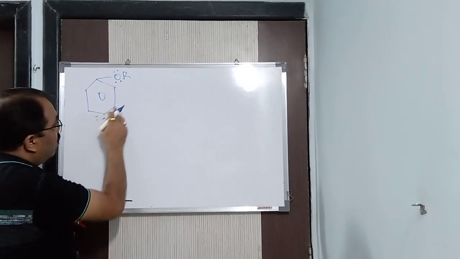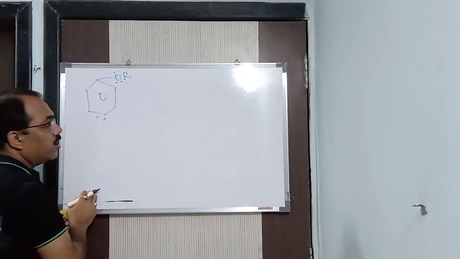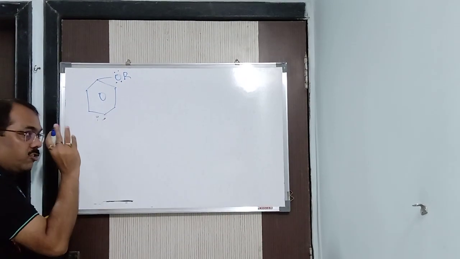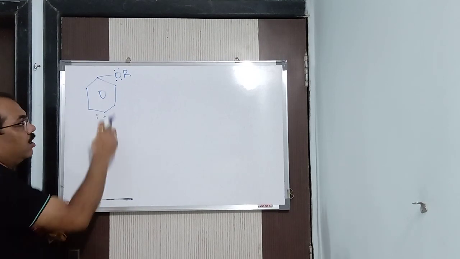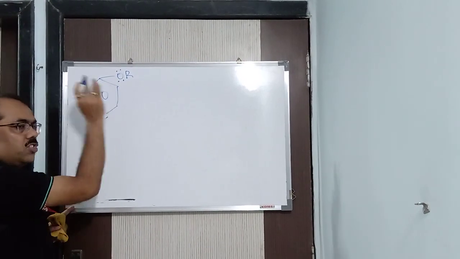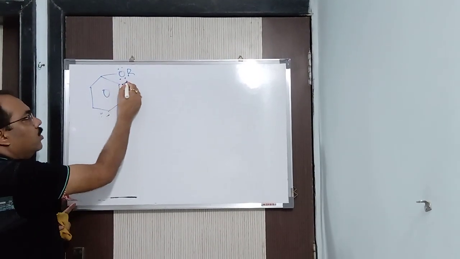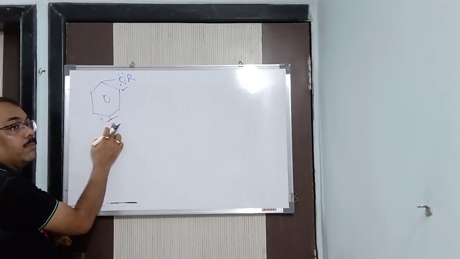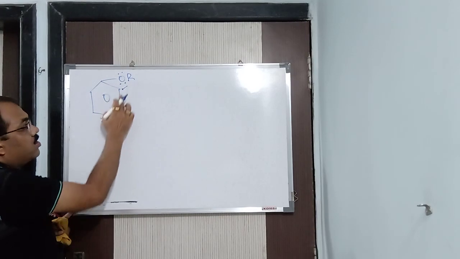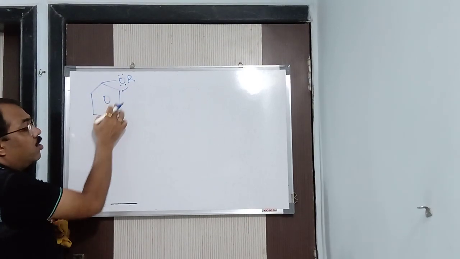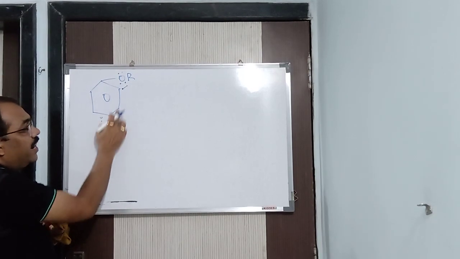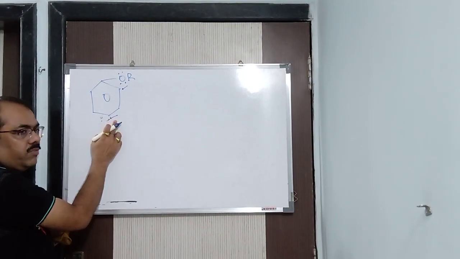So when it undergoes electrophilic substitution, to which position of the benzene ring will the electrophile be added? Any position? No. It will be added to the ortho or the para position, because these two positions are the sites of electron rich species. You know that.